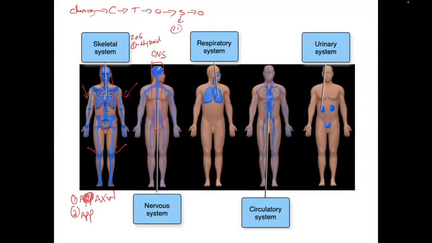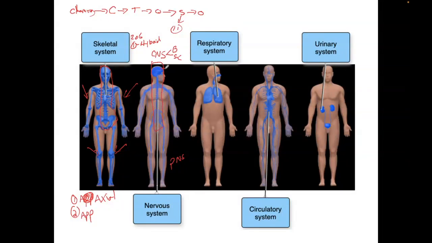That's the brain and the spinal cord. What makes up the central neural system? Well, only two things: the brain and the spinal cord. Everything else that you see is part of what we call the peripheral neural system. Like all of these nerves are part of the peripheral neural system because they're in the periphery.